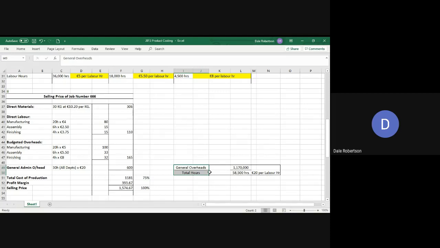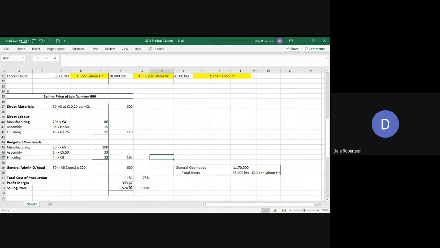You bring that €20 back over and you say, okay, for this particular job, that's 30 hours by €20, which is 600. You add up all four components to get your total cost of production, which is 1,181.